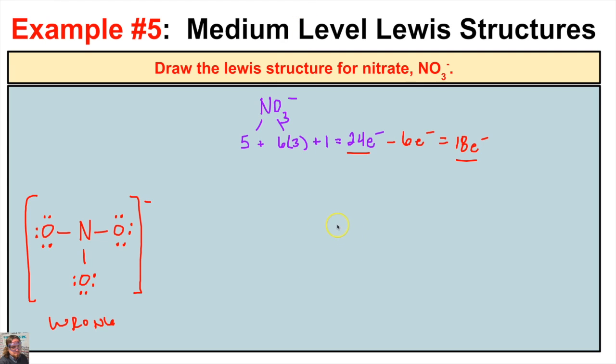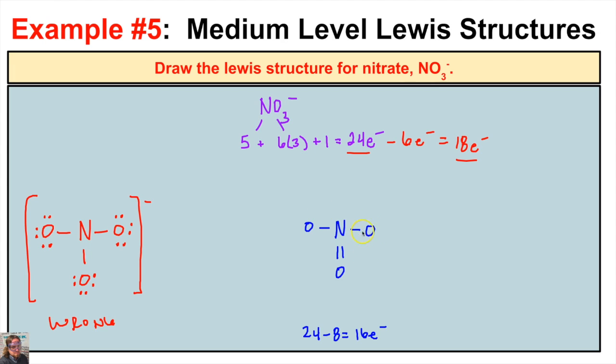So what are we going to have to do to make it right? Well, let's take a look. What if we put a double bond between nitrogen and one of our oxygens? We've just used up 2, 4, 6, 8 electrons now. 24 minus 8 is 16 electrons left over now that we're going to have to spread around these atoms, making sure we satisfy the octet rule for each one of these.